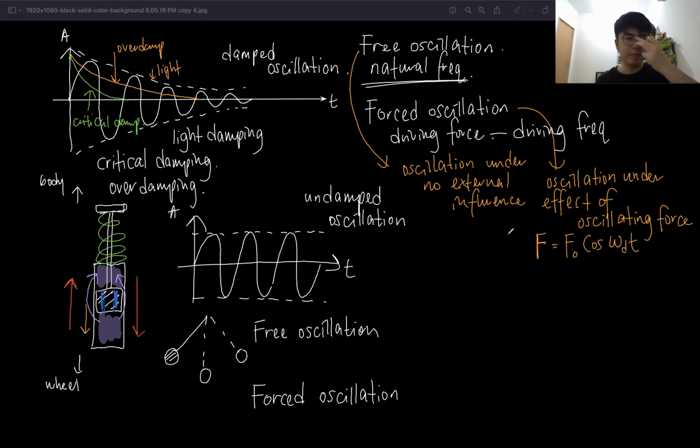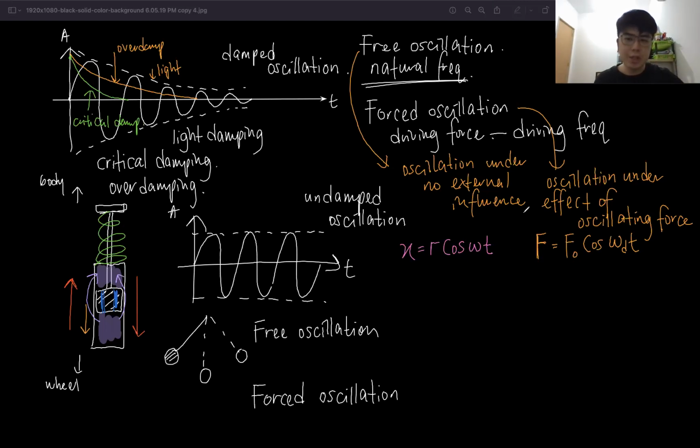Okay, now you see, in free oscillation, we have studied the equations. Very simple equations, the simple harmonic one: x equals amplitude cos omega t. This is the vibration of the pendulum, of the system.